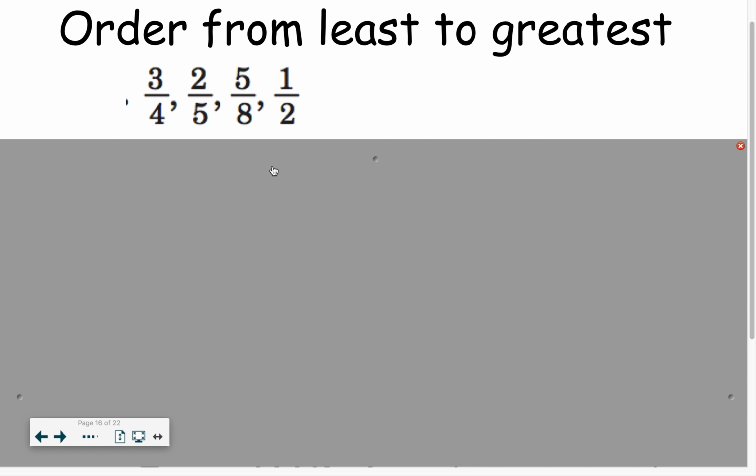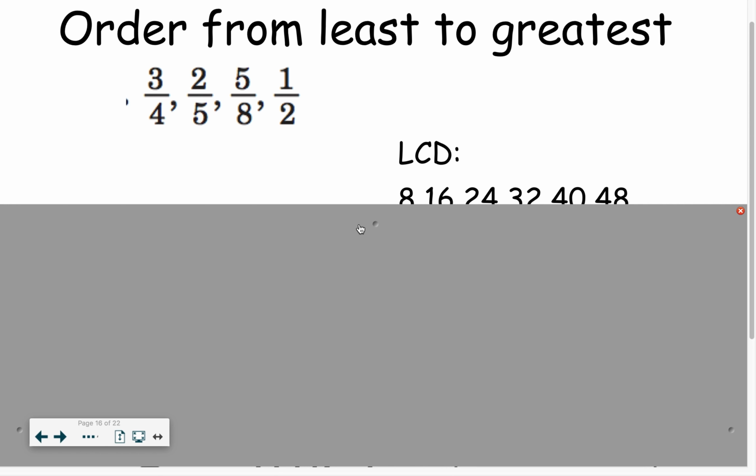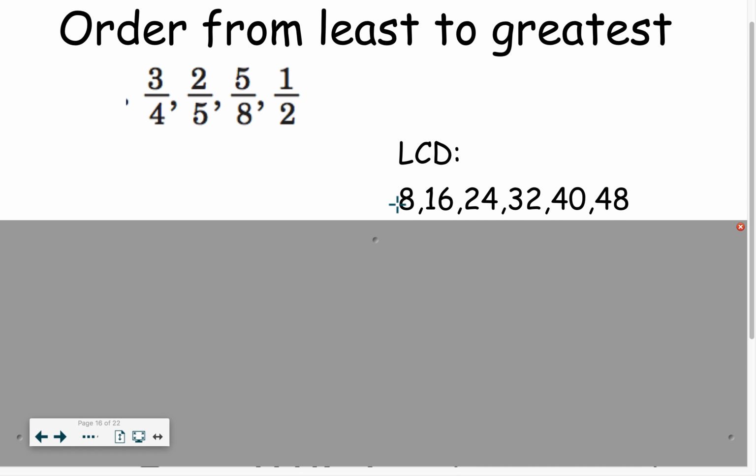So I'm going to look at 8 and try to figure out what my least common denominator is. I start with my biggest and count out the multiples of 8: 8, 16, 24, 32, 40, 48. It keeps going, but I'm going to stop there.